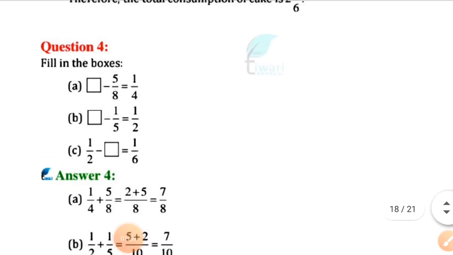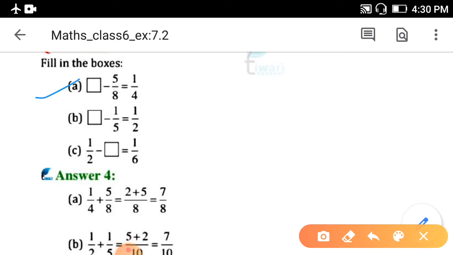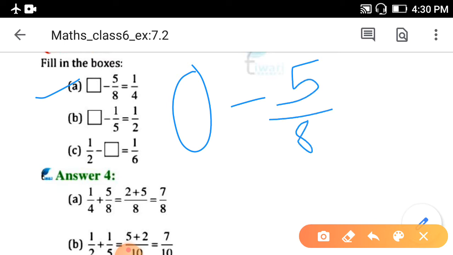Next, question number 4, fill in the boxes. You have to fill. So here any fraction will be there, minus 5/8, you are getting 1/4. So what you can do here, directly you can't give the answer.